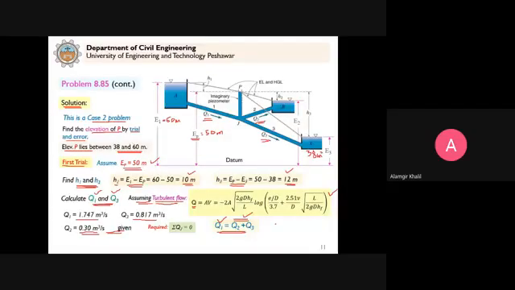This should be satisfied. Now when you put the values, Q1 is 1.747, and Q2 plus Q3 is 0.3 plus 0.817, which equals 1.17. So what does it mean? They are not equal. Clear? They are not equal.